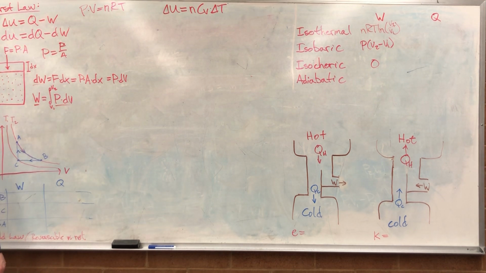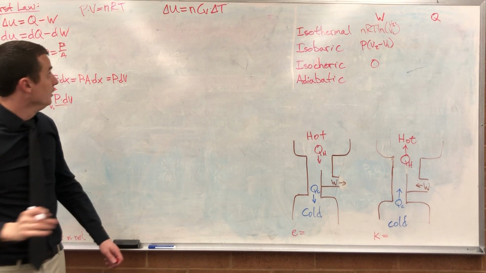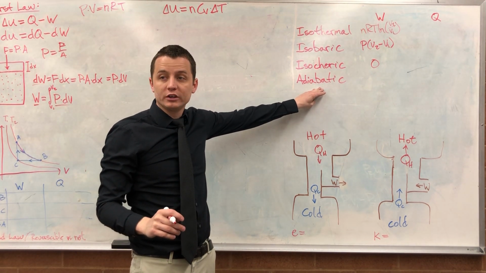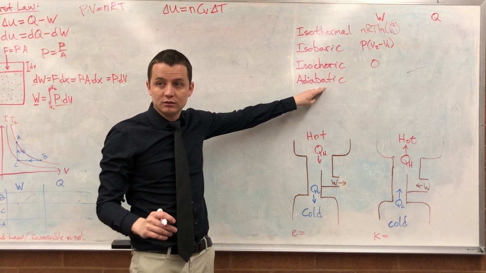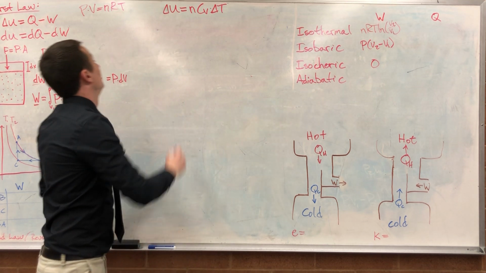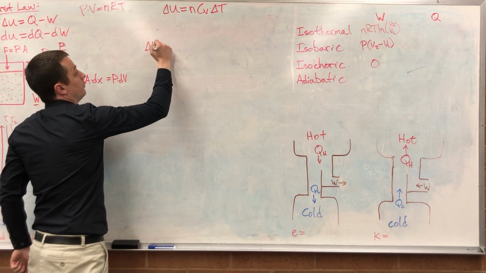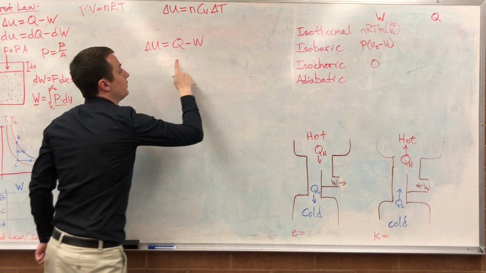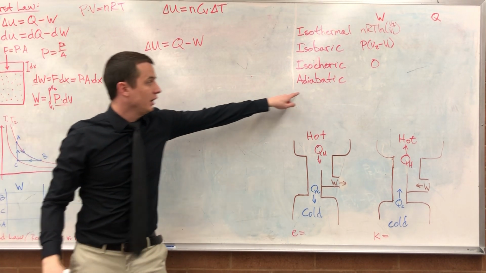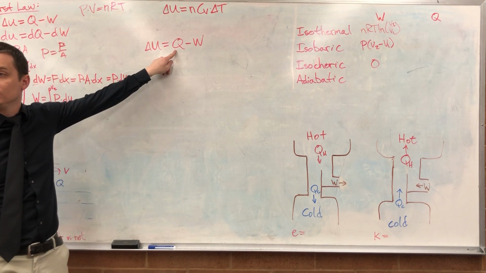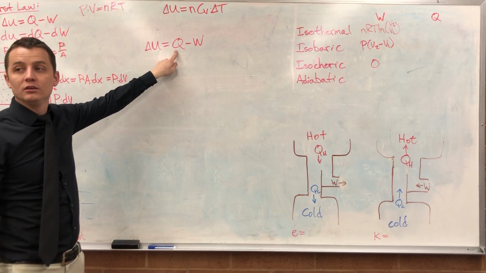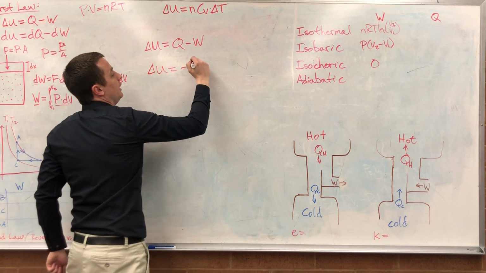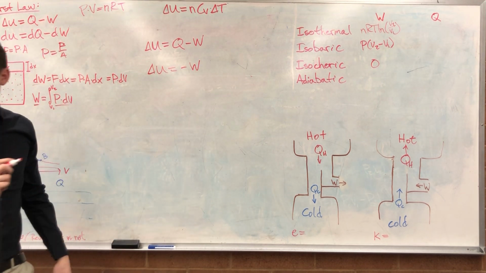Okay. So now if we're thinking about an adiabatic process, I'm looking for the work from this equation, Q minus W. Now if it's an adiabatic process, Q, the heat, is 0, so my delta U is equal to negative my work.